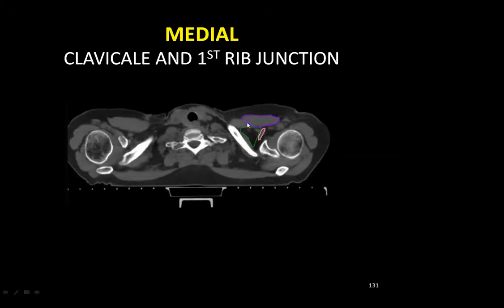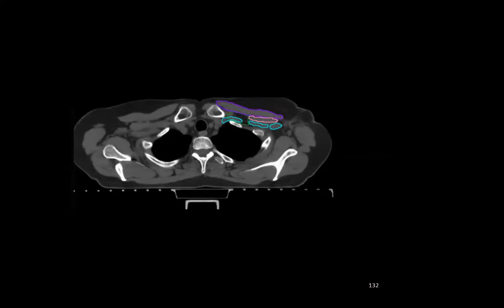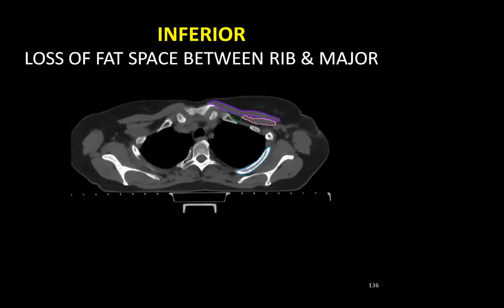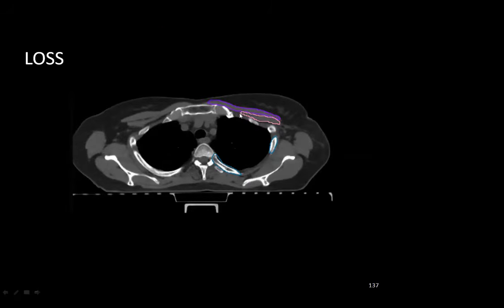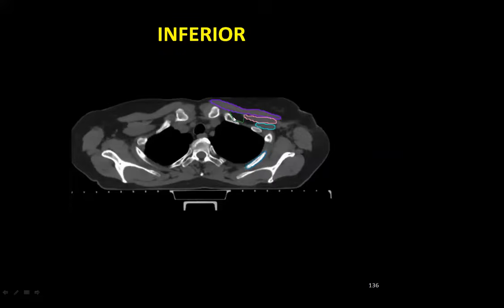Medially is the first rib and the pectoralis major muscle junction, the clavicle or rib junction. Then you go down, contouring around the axillary vessels, including them. Inferiorly, the loss of fat space between the rib and the major muscle. When the space comes down, don't contour further. There is no fat space, so no need to contour further. This is the level 3 group of lymph nodes.